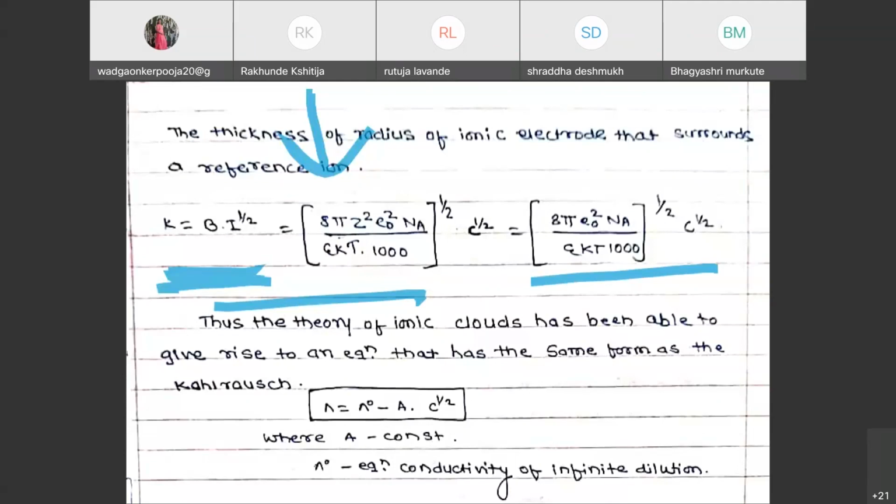Lambda equals lambda naught minus A into c raised to half, where, as everybody knows very well, this A is nothing but a constant, and lambda naught is nothing but the conductivity at infinite dilution.